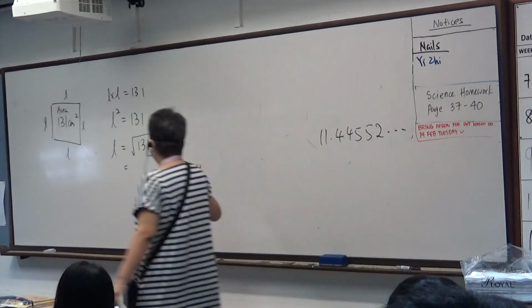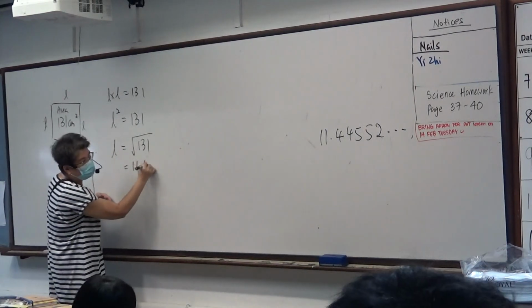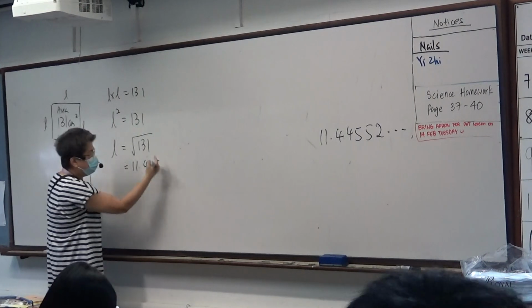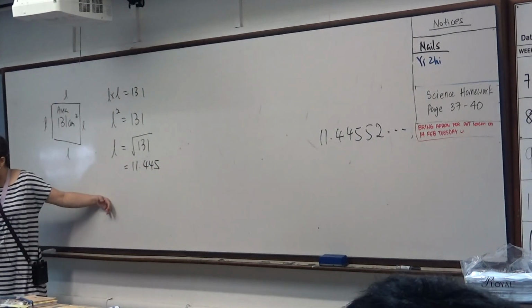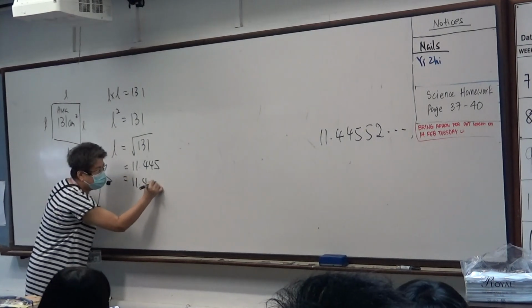I told you already, intermediate working, we are to truncate. So 11.445 truncate, right? Chop off. So the length will be 11.4 cm.